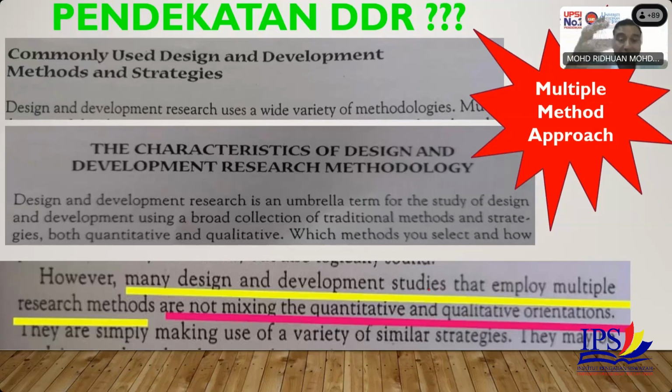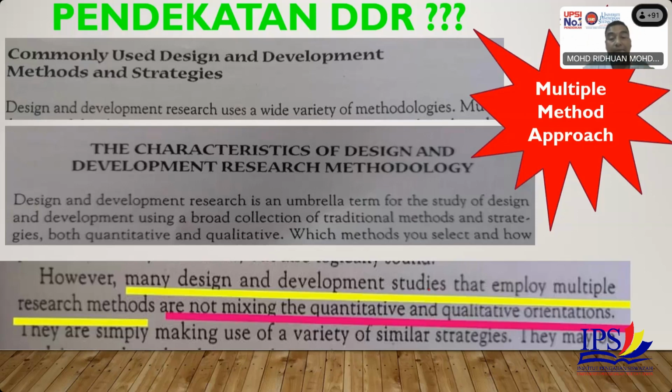But if you use the DDR, you can look at the statement, design and development. Research uses a wide variety of methodologies. Right? Here, this book from Richey and Klein states that in DDR we have a variety of methodologies we can use. But we must justify why we choose those methodologies or methods to meet our objective.